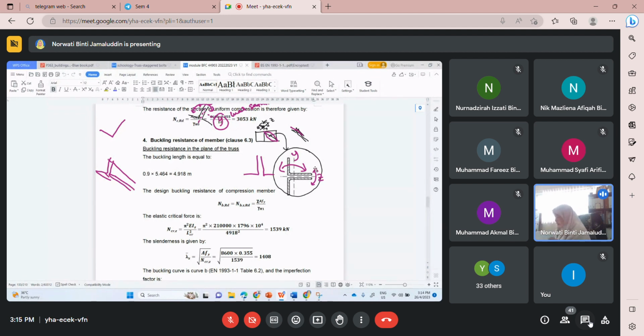Contohnya, for example, this is your truss. I hope that you can see my video. Yelah. So just imagine, this is member, vertical member, top chord, this one bottom chord.